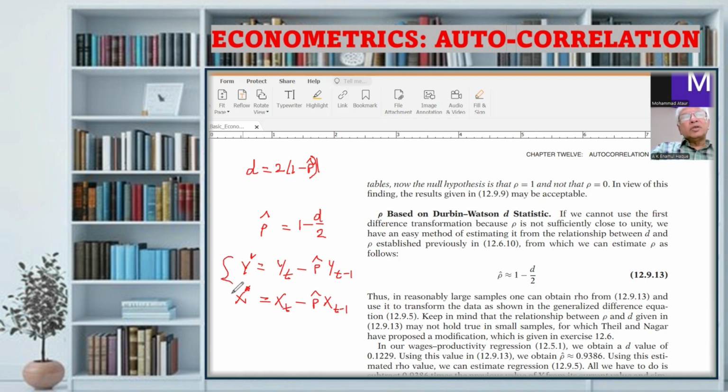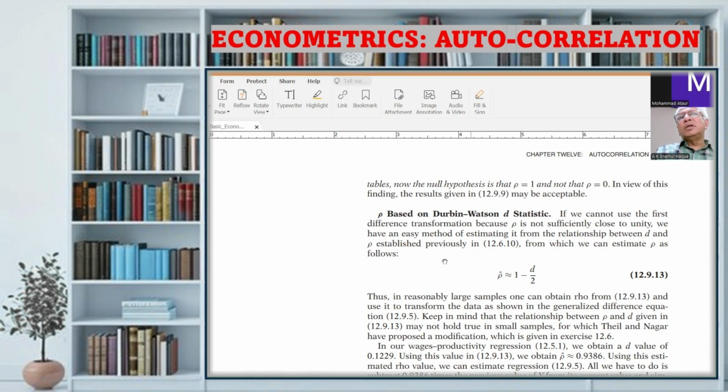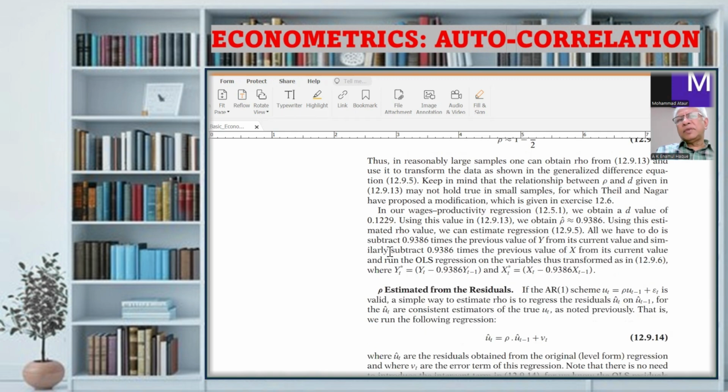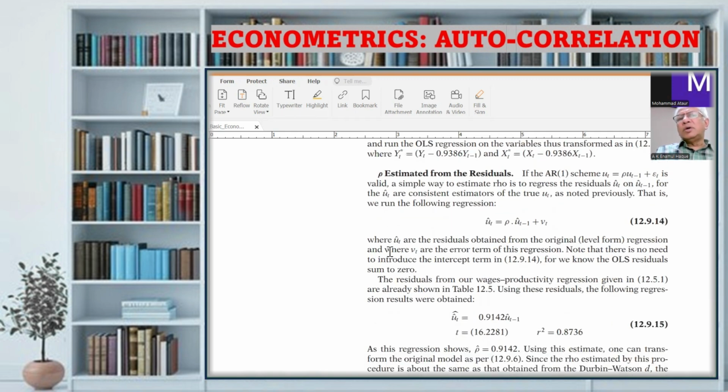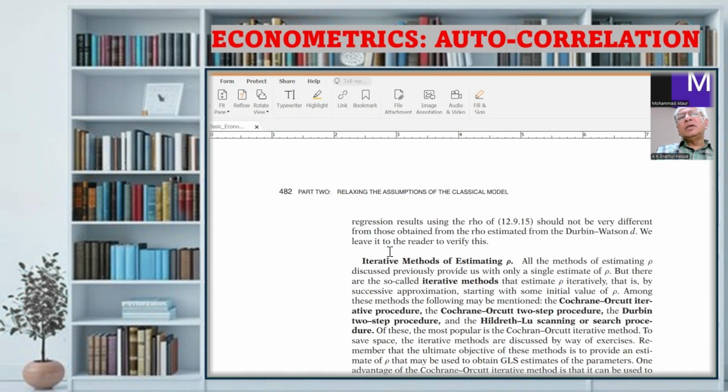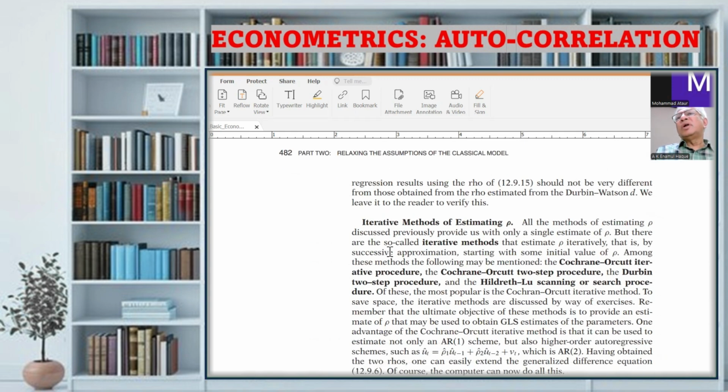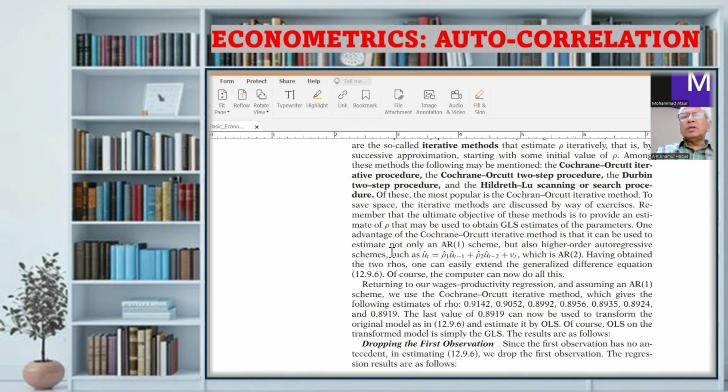So yes, I can solve this. So another way to solve autocorrelation is to estimate rho from Darwin's D. Now, Darwin's D is still a good model, only it is a model for first order autocorrelation.